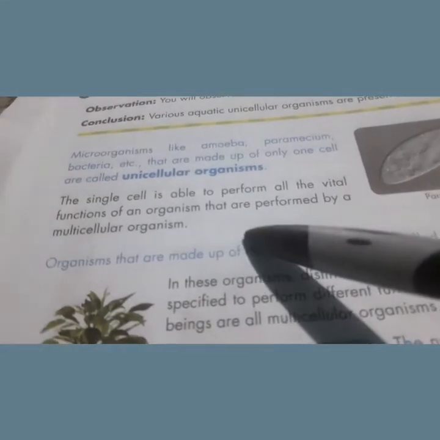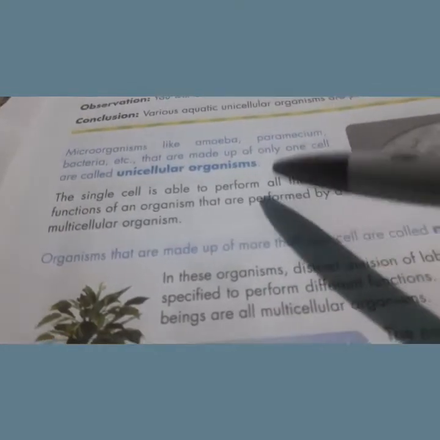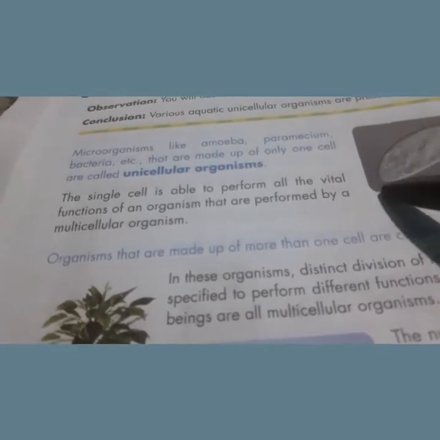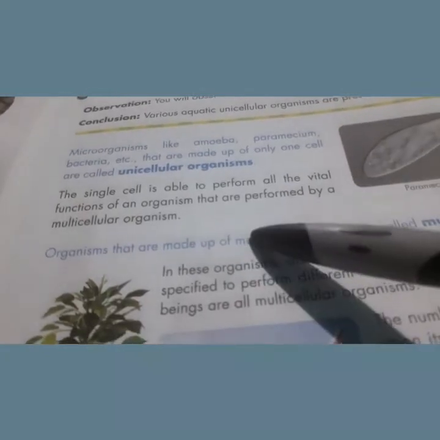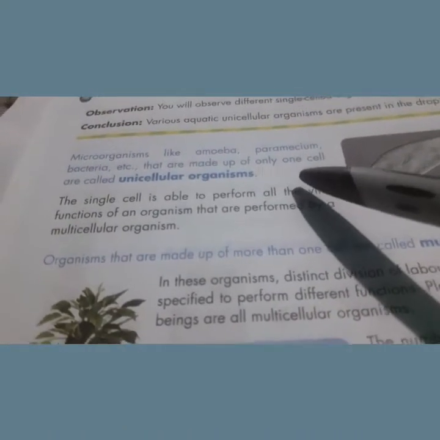Multicellular organisms have different organ systems and tissues to perform different activities, such as the digestive system and respiratory system. Just like that, a unicellular organism can do all these activities within this single cell by different organelles.